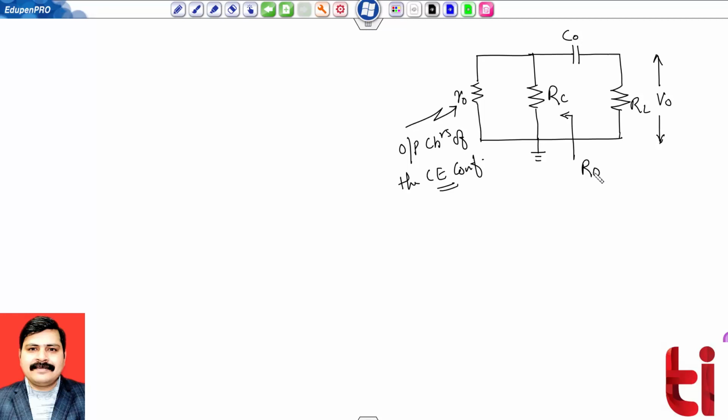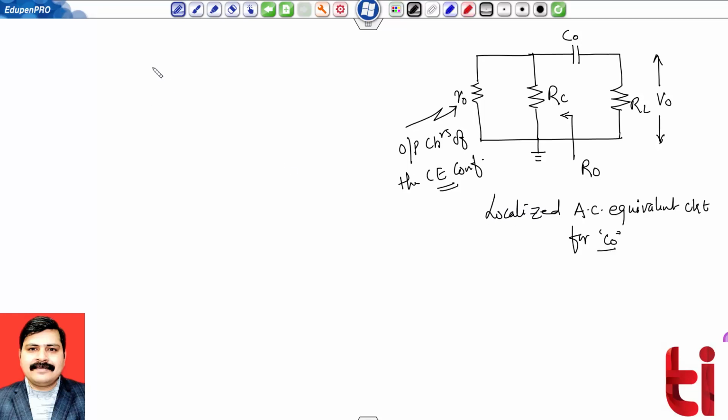Because we are talking about the common emitter configuration, this is my localized AC equivalent circuit for C naught. First you can check that the value of R naught equals my small r naught, that is the slope which we have measured from the output characteristics of the common emitter configuration, in parallel with the collector resistance Rc.